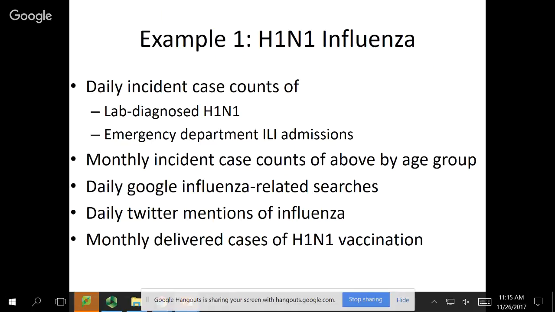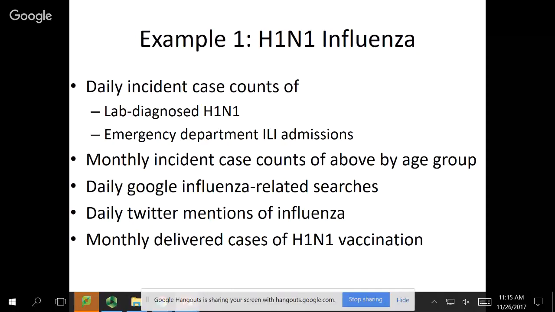We might have, for example, influenza-related searches on Google, or we might have mentions of influenza within our jurisdiction of interest via Twitter, such as I routinely look at in our Twitter archives here in Saskatchewan, and Li Xiaoyan has been accumulating for Alberta.